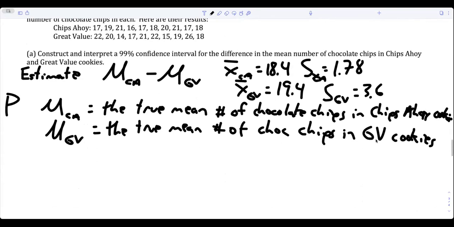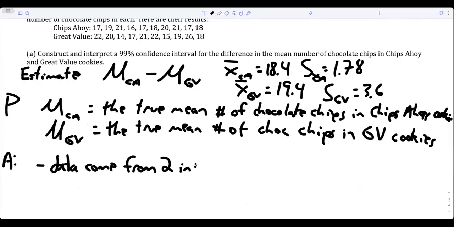Assumptions, conditions. For my confidence interval, what's the first one? Data come from two to what? Two keywords. Okay, it's got to be random, and if there's two of them, they got to be independent.